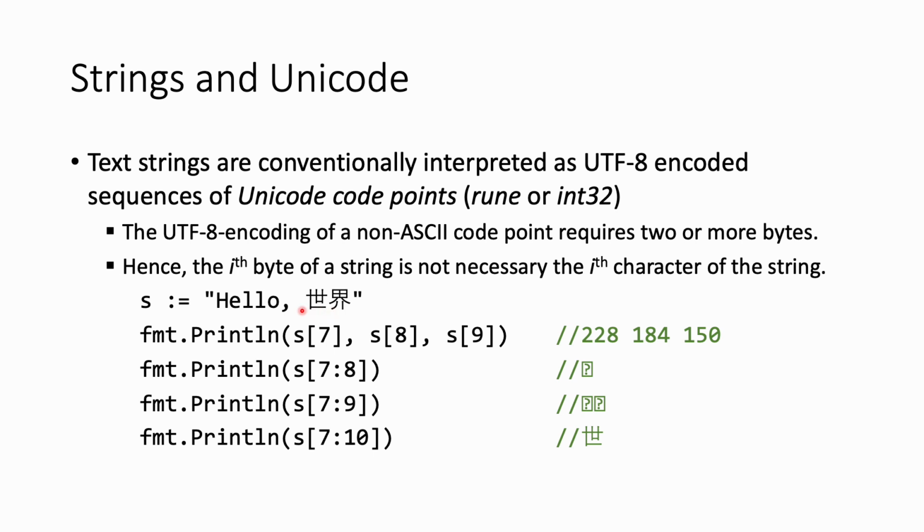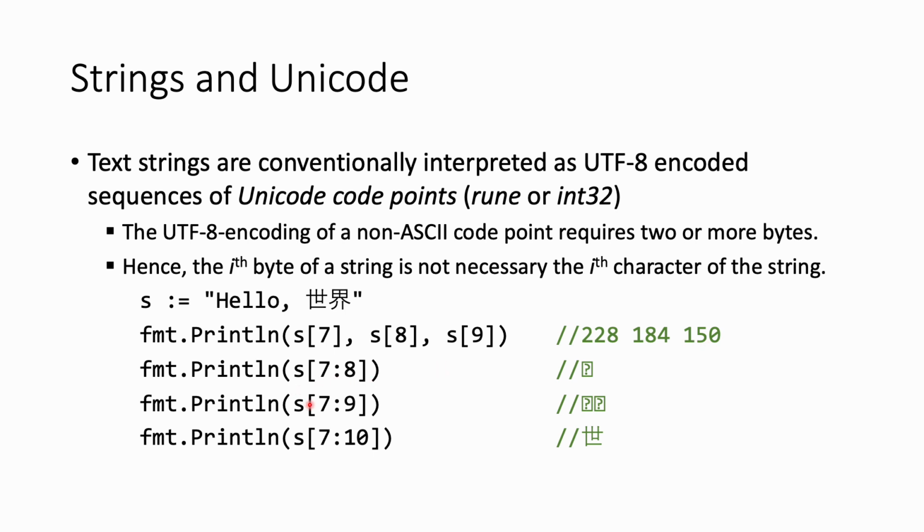The space character before 世界 is at index 6 in the string s, so the Chinese characters 世界 occupy bytes from index 7 in string s. When we print out the 3 bytes at index 7, 8, and 9 of string s separately, it shows the 3 bytes as the numbers 228, 184, and 150, respectively.